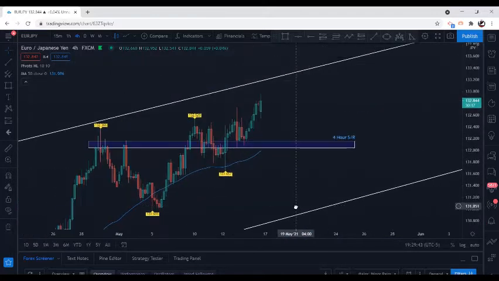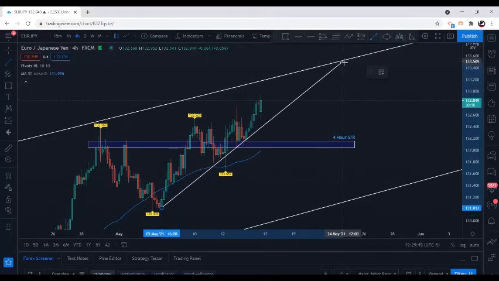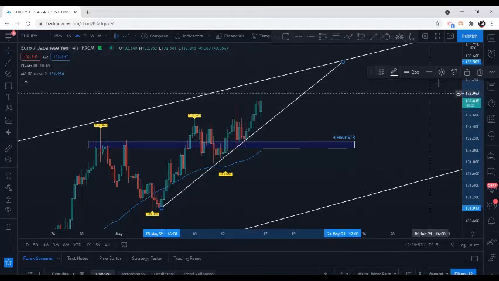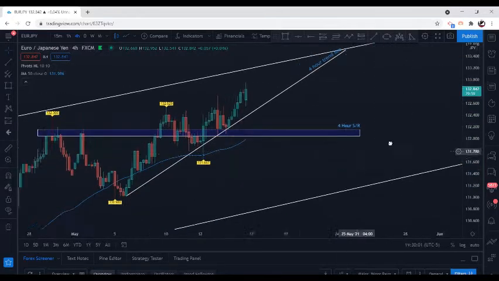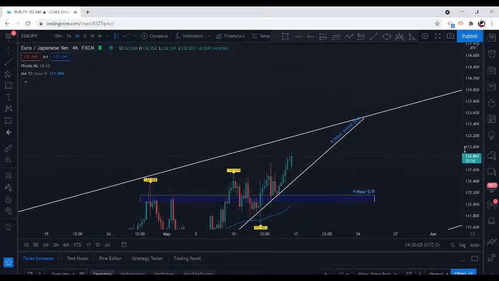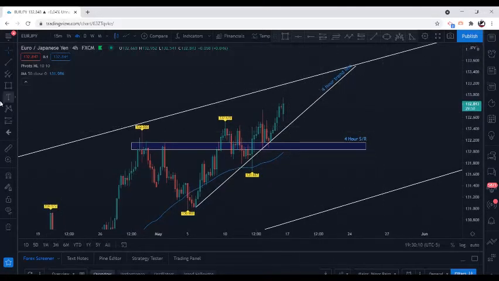So we can see that price is maintaining this bullish trend, and we can also get a 4-hour trend line in here. This trend line has been respected once, twice, three times. So this is a valid trend line for me. We can potentially see price coming up into this level to react to that daily trend line.